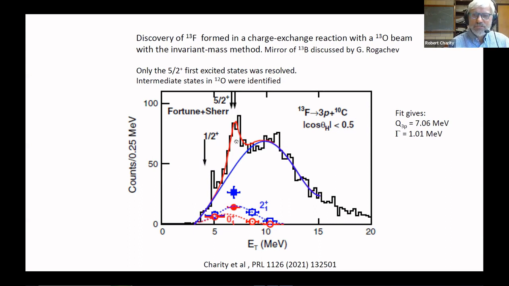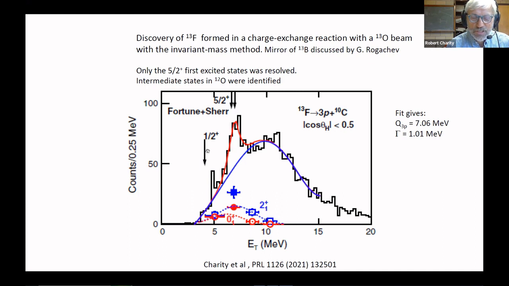What peak is this? So there were predictions from Terry Fortune and Raymond Sherr, and there was the 1/2 plus, and they had 2 estimations of an excited state, 5/2 plus. So it seems to lie directly at the 5/2 plus. So we believe this is the excited state.